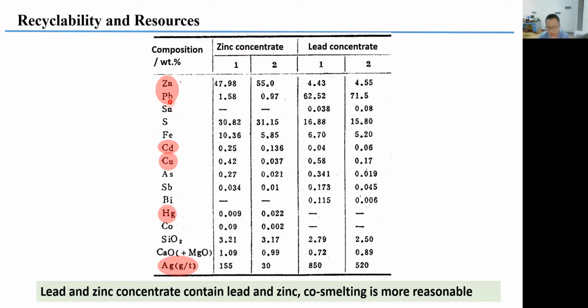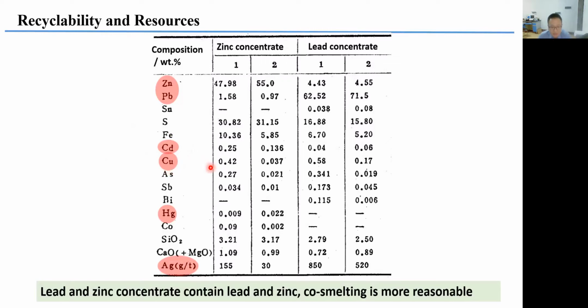And besides lead, the cadmium, so it's a very typical toxic element in zinc process, and it can result in several serious diseases for human beings. And it also can be recycled as a byproduct. And copper is a similar element.